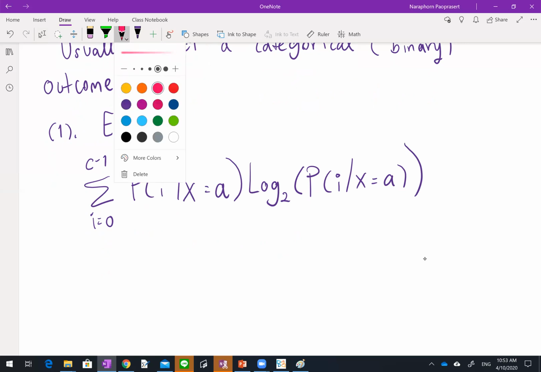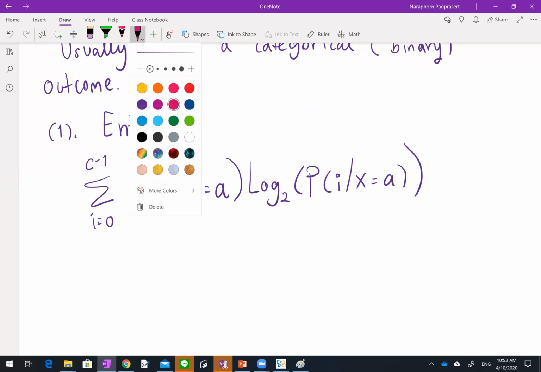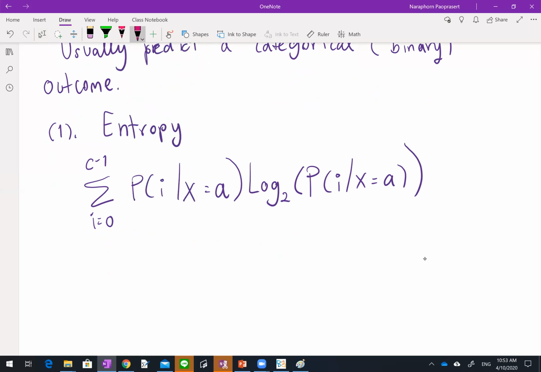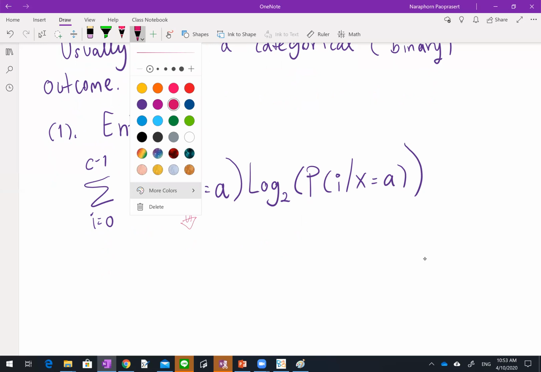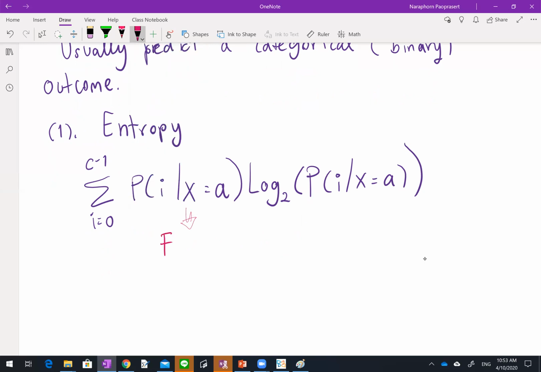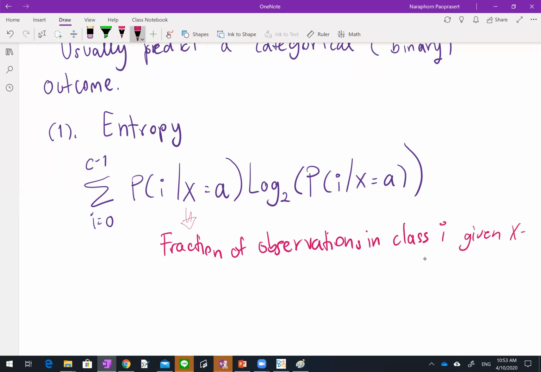The p of i here is the fraction of observations in class i given x equals a.